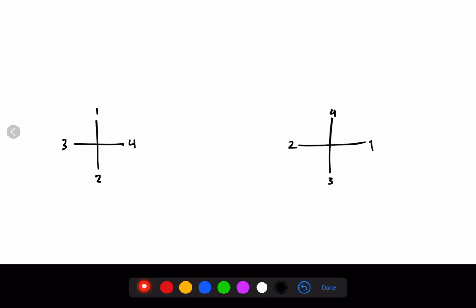I always like to draw in my wedges for the two groups on the sides, and then that helps me remember that the two groups on the top and bottom are actually on dashes. So our fourth priority is going to come towards us, so we're going to use the same trick as we used for the second example we did. We're going to find the R or S configuration of this molecule and then flip it, because when it's flipped, that actually shows us what the configuration is with the fourth group pointing away from us.